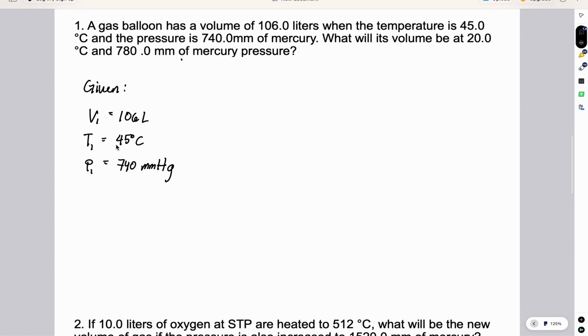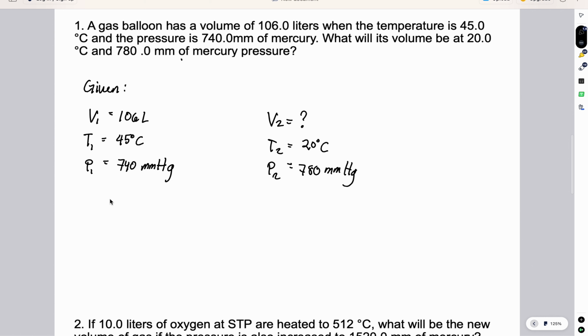Initially these are the givens: 106 liters, 45 degrees Celsius, and 740 mmHg. The question here is, what will its volume be? What is V2 when the temperature is 20 degrees Celsius? The temperature decreased from 45 to 20 degrees and P2 increases to 780 mmHg. So what is the final volume?